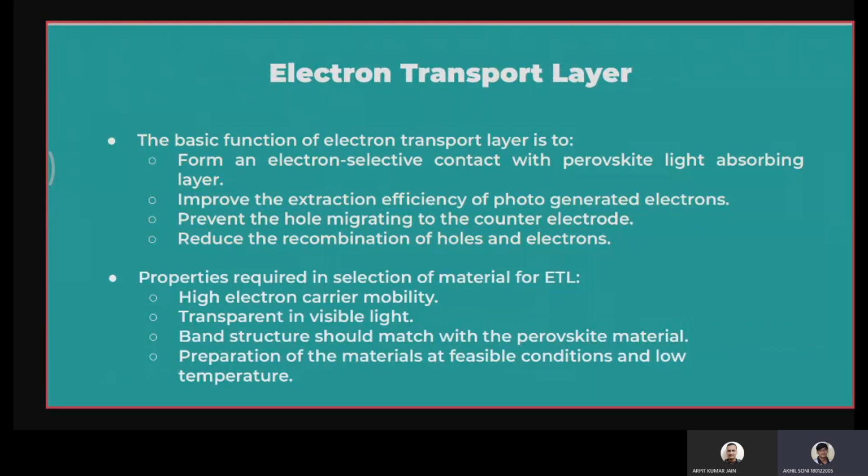Now the working of the hole transporting layer. The hole transporting layer is used to collect and transport holes from the perovskite layer, to promote the separation of the electron-hole pair in the perovskite material through cooperating with the electron transporting layer.